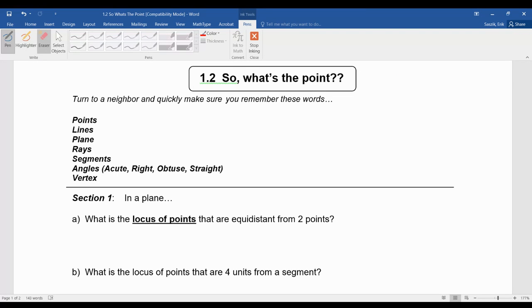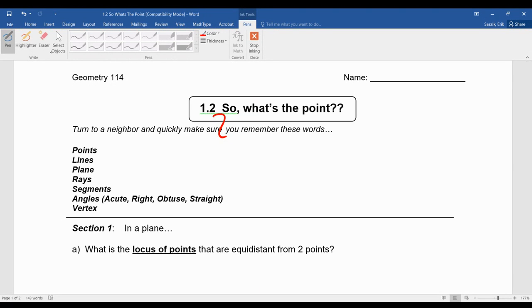I'm hoping that these terms that you see here in the opener all ring a bell. You should be familiar with this from previous introductory experiences in geometry. What makes something a point, a line, a plane, a ray, all this good stuff.